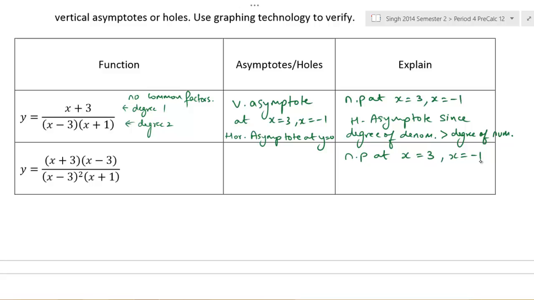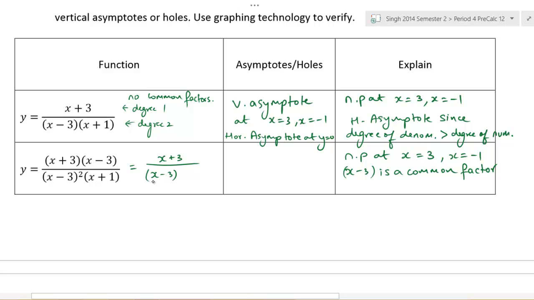The next thing I look to see if there's any common factors. Do I have any common factors this time? Yeah, I have x minus 3 is a common factor. So as a result, if I simplify this expression, what I'm going to end up with is the following. x plus 3 left at the top. At the bottom, I'm going to have a factor of x minus 3 and x plus 1. So even though x minus 3 was a common factor, the degree of that common factor at the bottom is greater than the degree of that common factor at the top.